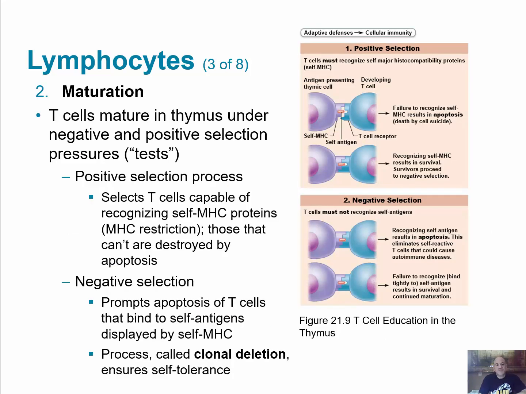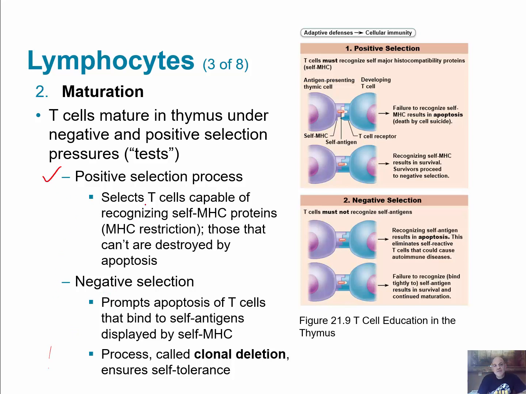So the maturation in the thymus, for example, for the T cells, there are going to be 2 aspects: negative and positive selection. Looking at positive selection first, right here.